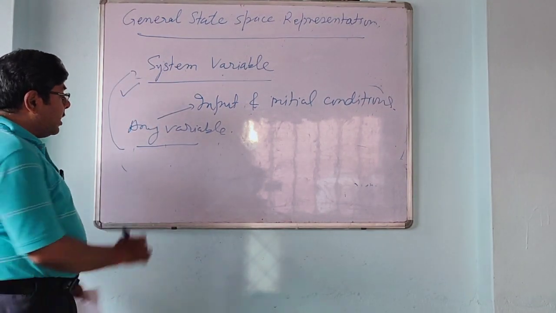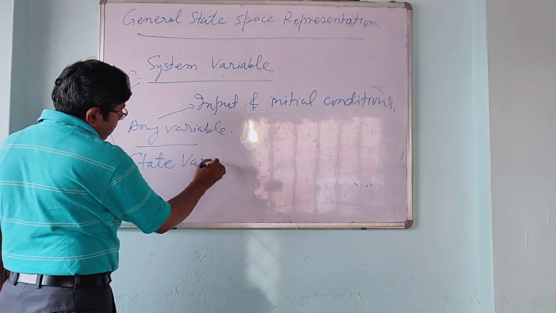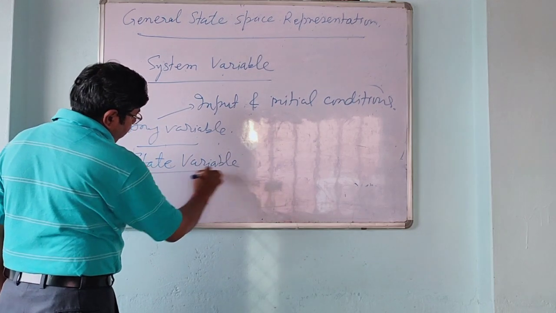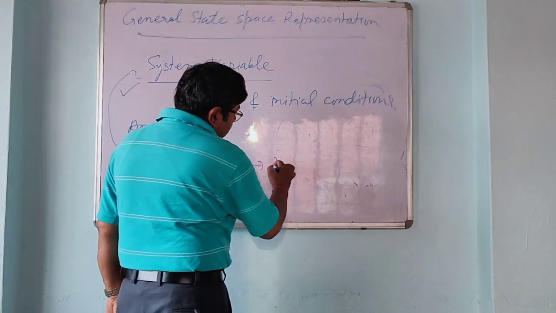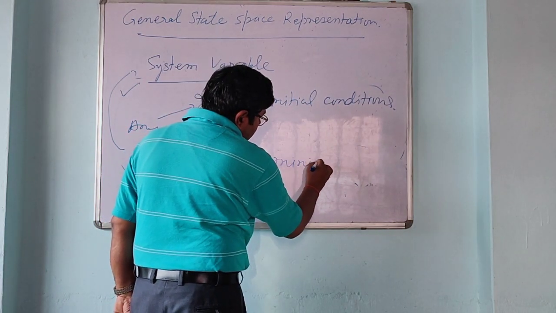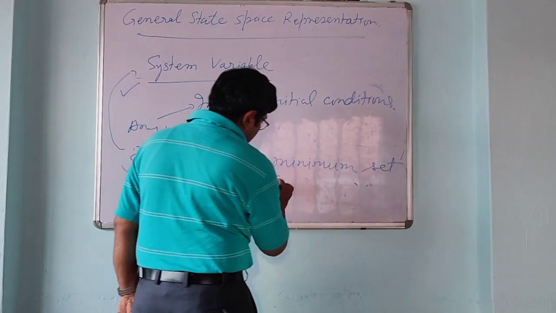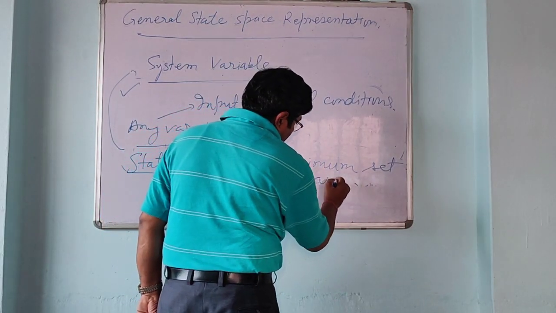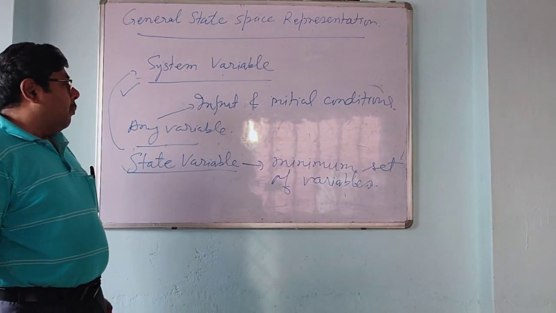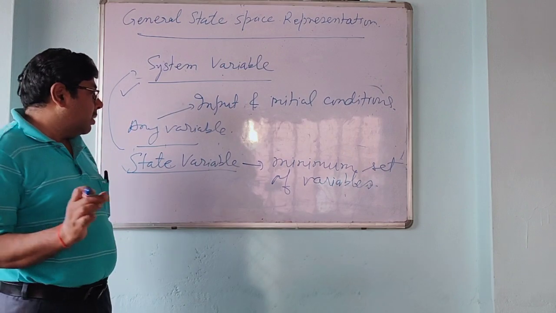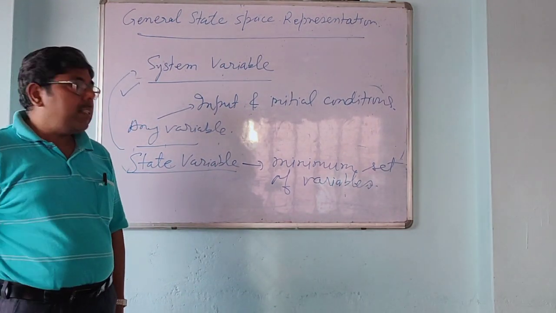Next one is the state variable. State variables are minimum set of variables; these are minimum set of variables in terms of which we can represent all variables of a system.